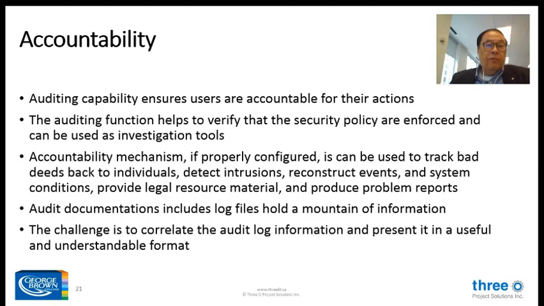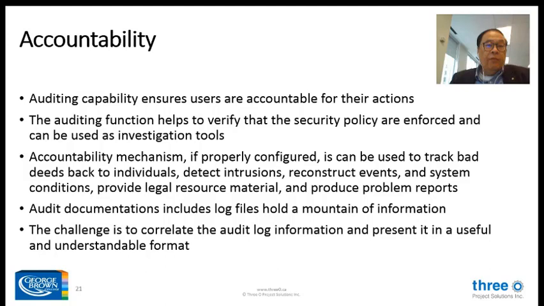And accountability, I kind of mentioned about that. The accountability is the auditing capability, making sure users are accountable for their actions, even though they have been identified, even though they have been authenticated, even though they have been authorized. Even though you're authorized, the system still wants to know what you have done, in case there are things that are not supposed to happen, but then it happened during your access.